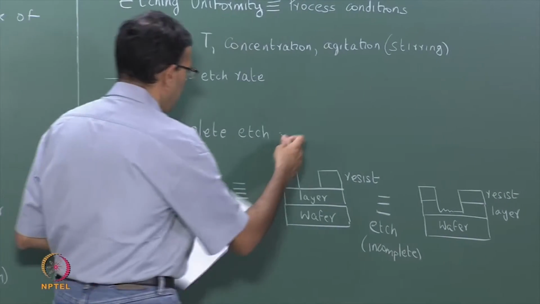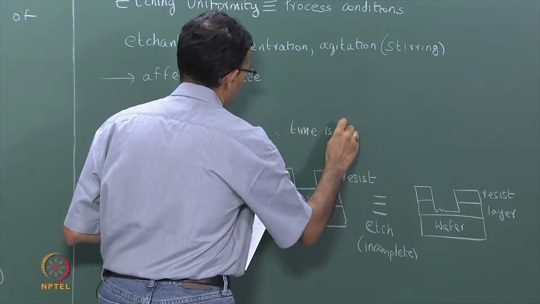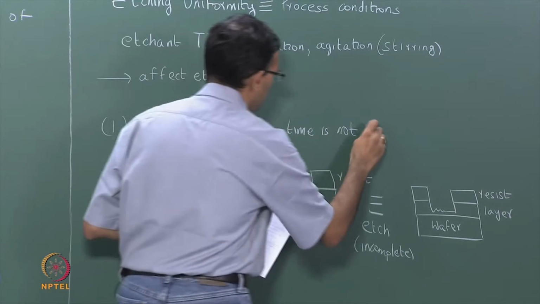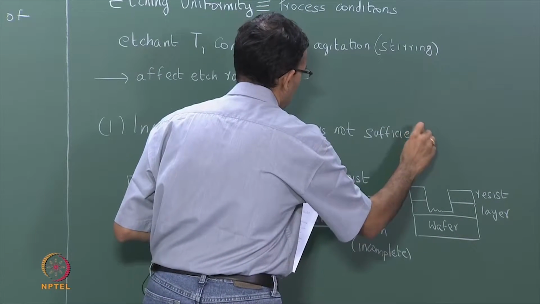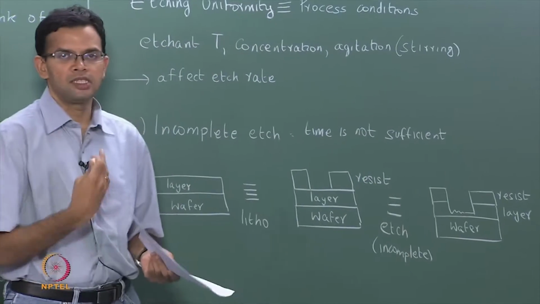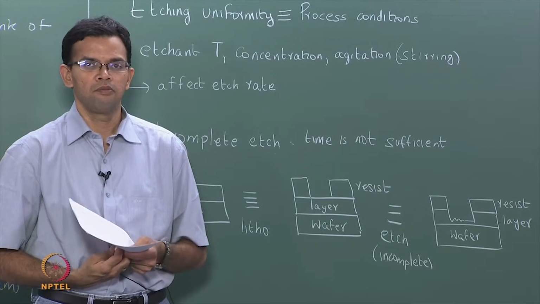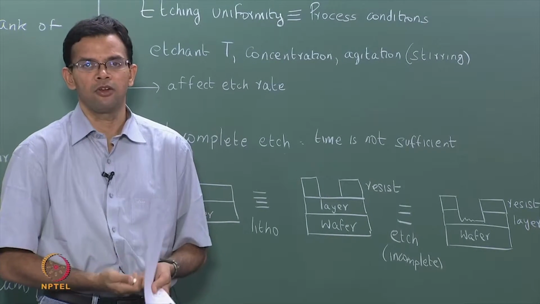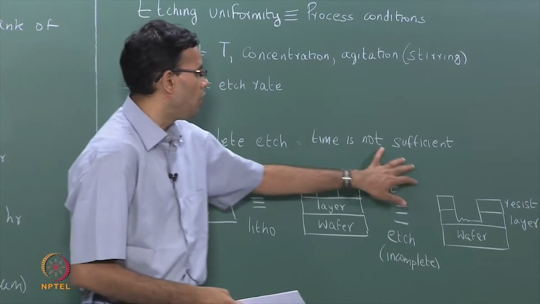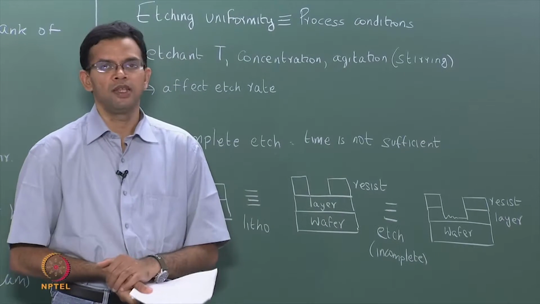Now an incomplete etch could be because time is not sufficient. Most often that is the case. For example, if you estimate an etch rate of say 100 micrometers an hour, but your actual etch rate is lower, say around 60 or 70 micrometers an hour, the time you have given would not be sufficient for the layer to be removed completely.